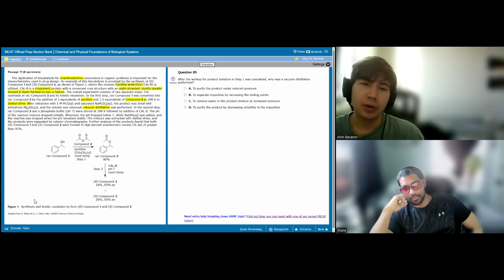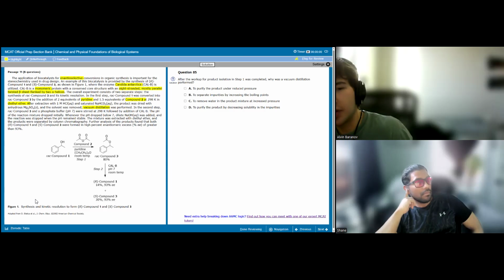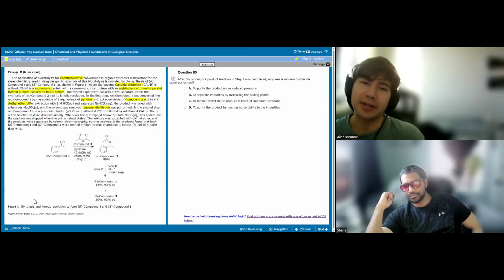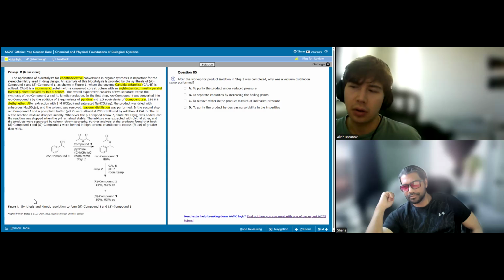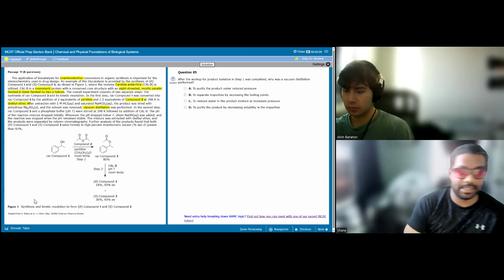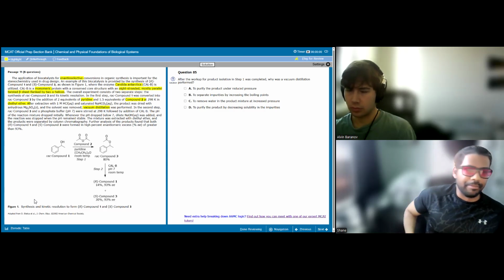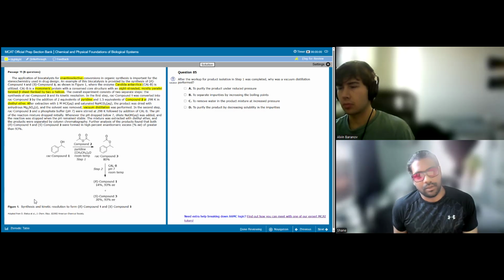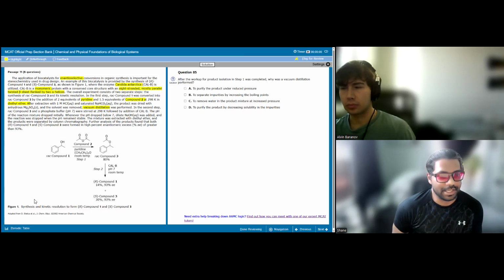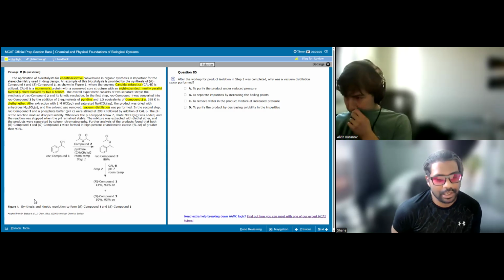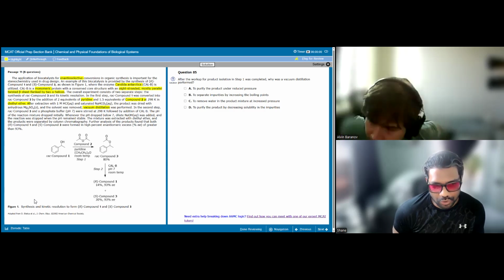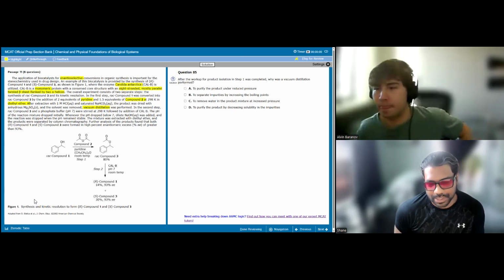What I remember is that simple distillation is when the difference between the two boiling points is bigger than 25, while fractional is when the difference is less than 25. So that's simple versus fractional. But what about regular distillation versus vacuum distillation? The thing is that in vacuum distillation, since you're creating a vacuum, you're reducing.